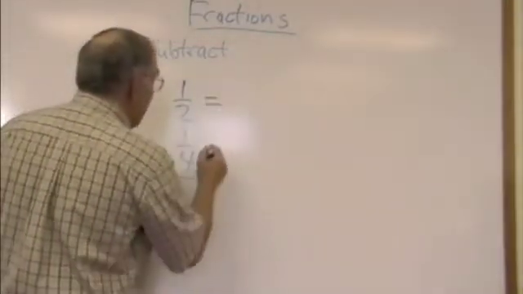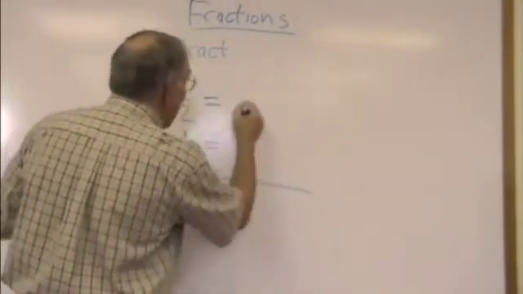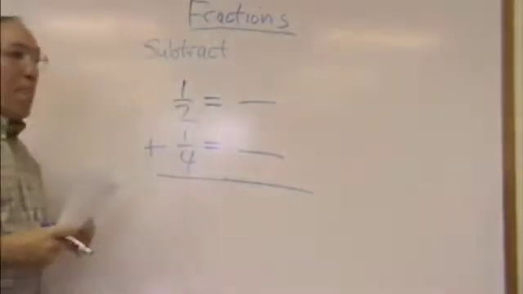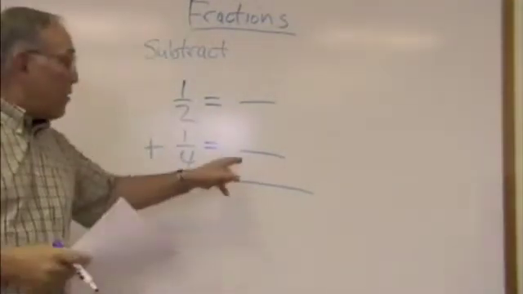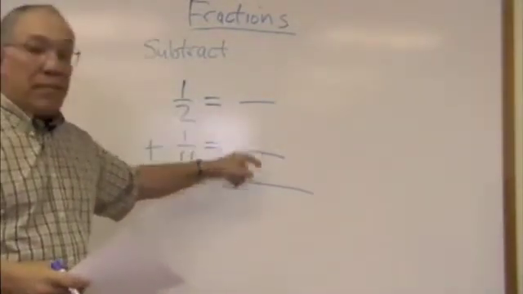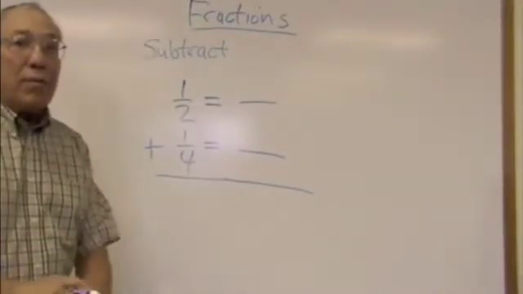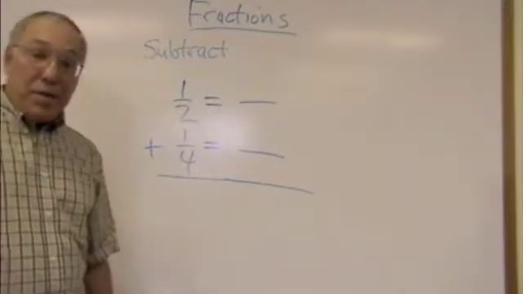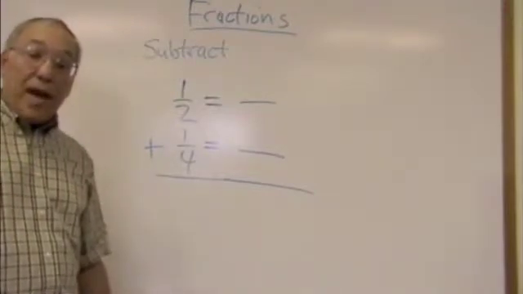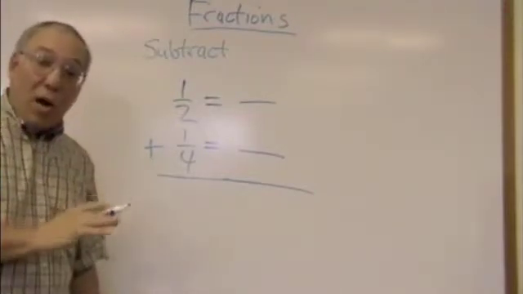Well, we know we're going to have to change these fractions, so I put an equal sign and a fraction bar. Now we have to figure out the common denominator for these two fractions. We can change fractions to equal fractions by making them larger too, just like we made them smaller when we reduced.